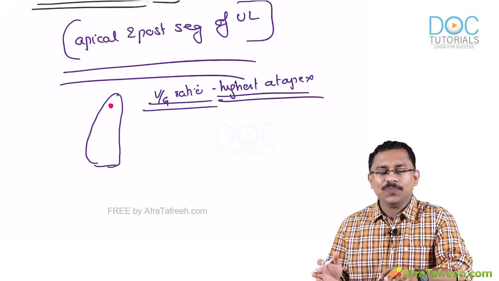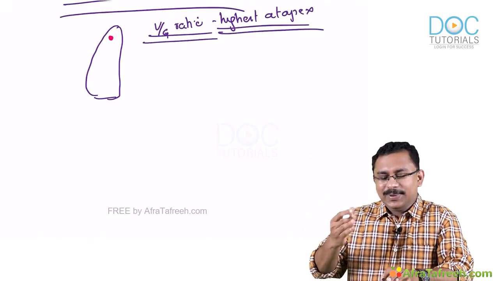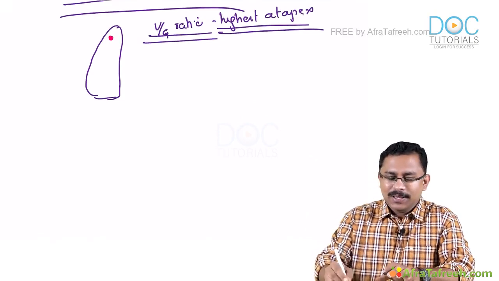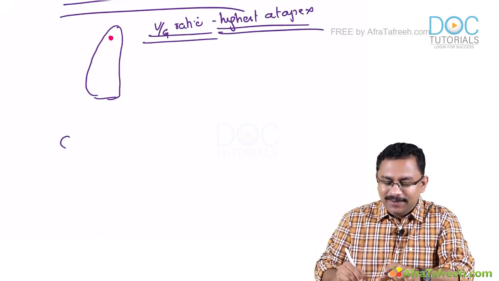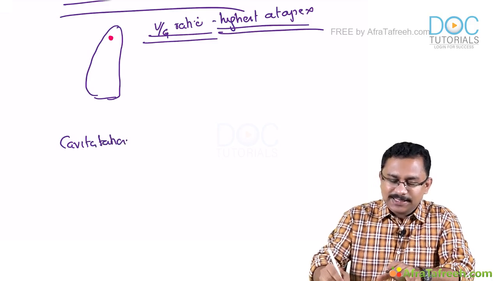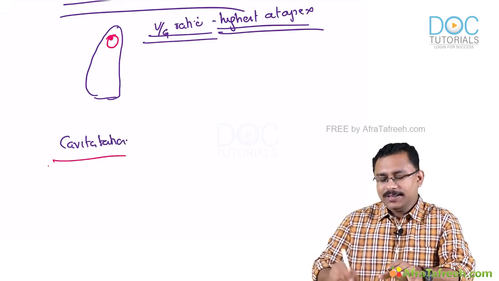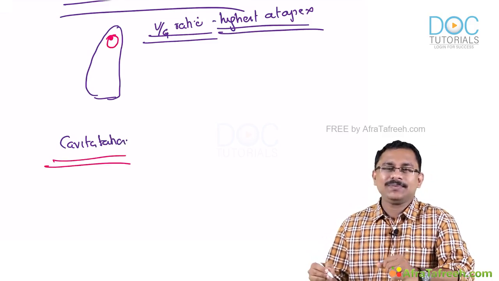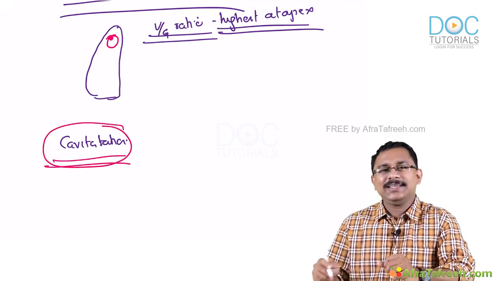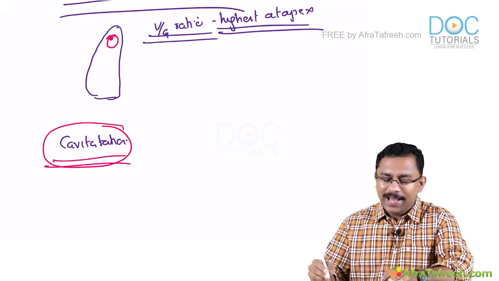And also, when the reactivation happens, it might result in cavitation. The foci start as foci and subsequently are converted to a cavity. There is a cavity that is developing, and when this cavity is communicating to a bronchus, what will happen?